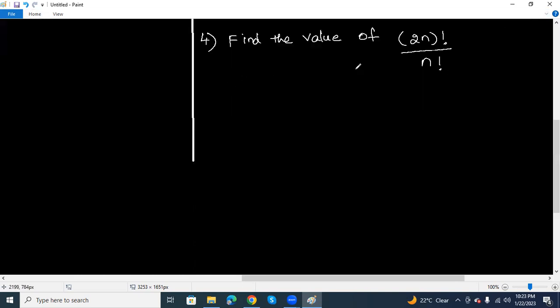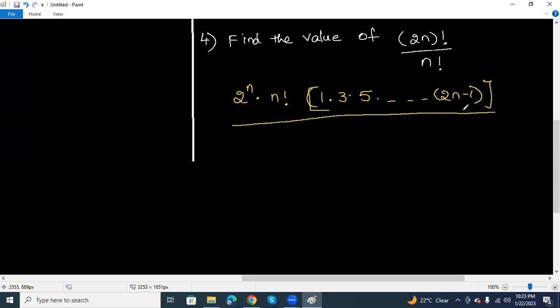First, we know the formula of 2n factorial. What is it? 2 power n into n factorial into 1 into 3 into 5 into so on, all odd numbers, up to 2n minus 1. So this is 2n factorial divided by n factorial.